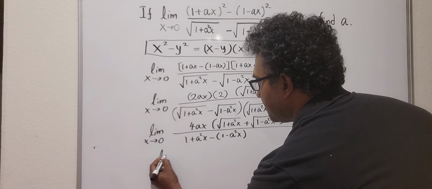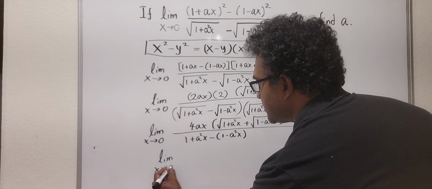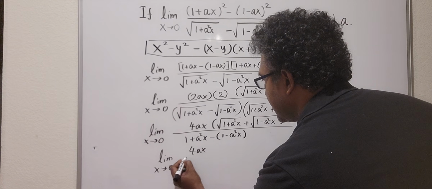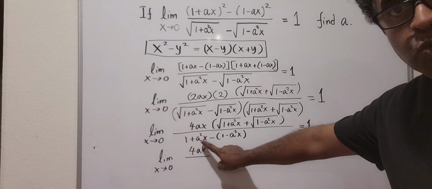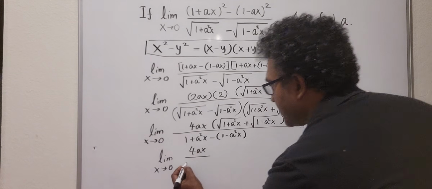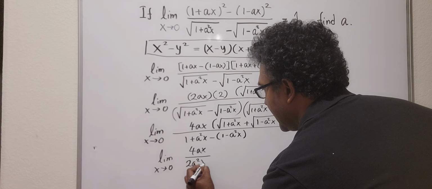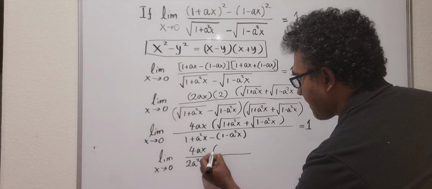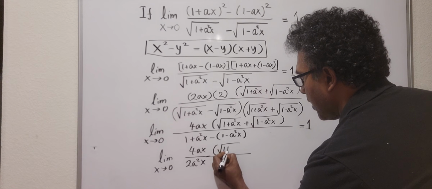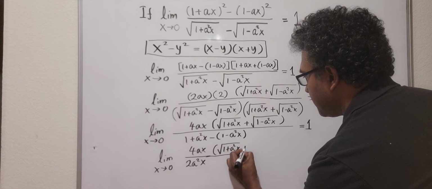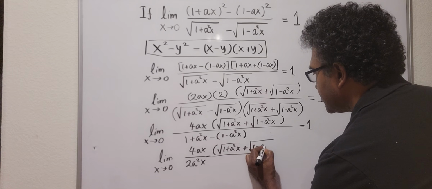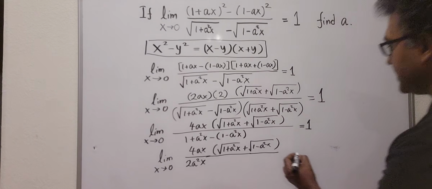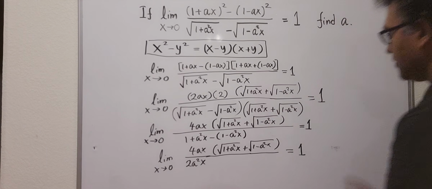Limit as x goes to 0, I'll have 4ax, and here I'll have 2a squared x, and then I'll have this term, square root 1 plus a squared x plus square root 1 minus a squared x, and the entire thing is still equal to 1 on the right-hand side.